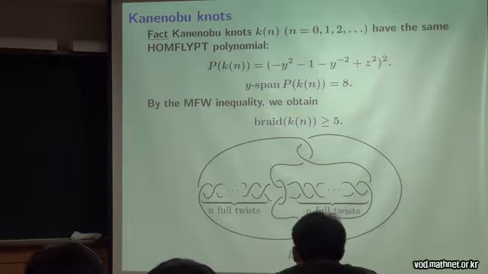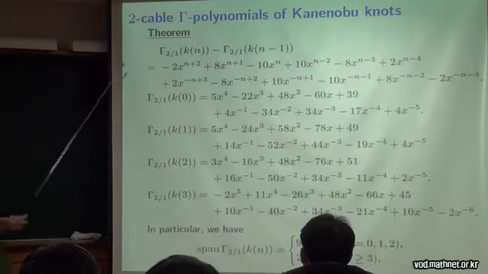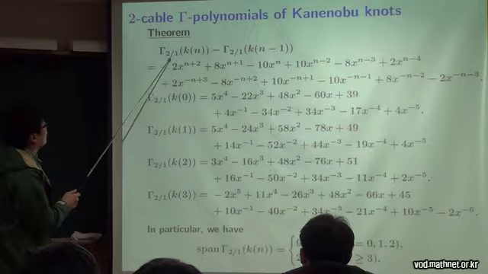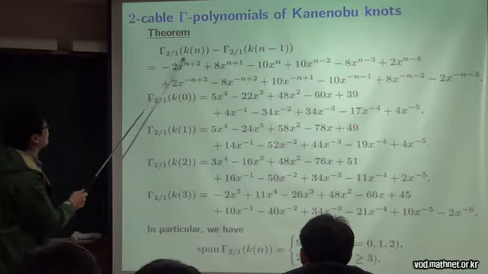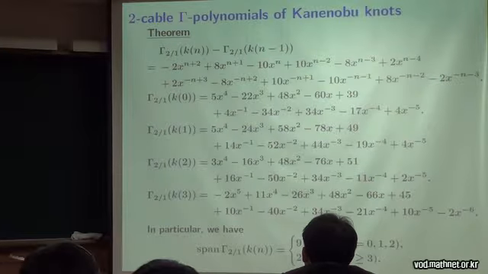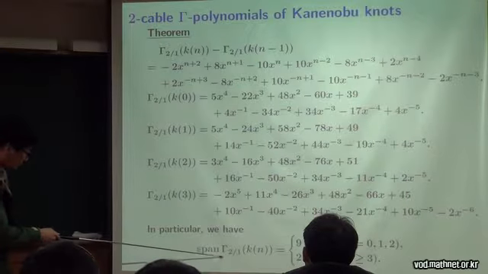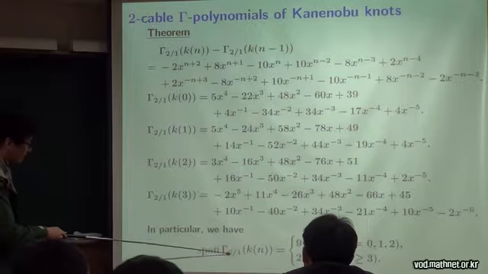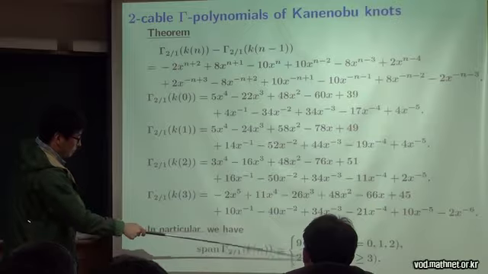Next, I show the 2-cable gamma polynomials of Kanenobu knots. Precisely, the (2,1)-cable gamma polynomials of Kanenobu knots, like this. What is important is this part. The span of the (2,1)-cable gamma polynomial of the Kanenobu knot is like this. So this depends on n.